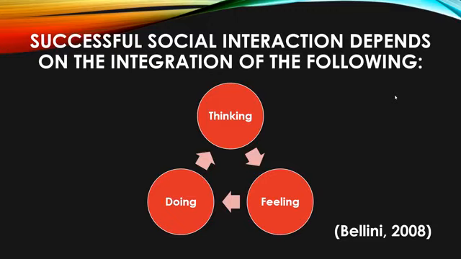Again, that self-fulfilling prophecy: emotions and feelings impact what we do. And then what we do impacts what actually happens. And then that makes us think certain things. So we kind of go around and around. And a lot of times in our intervention, we're focusing mostly on the thinking and just telling kids what they should do. And we're not paying attention to what they're feeling and why they're doing what they're doing.